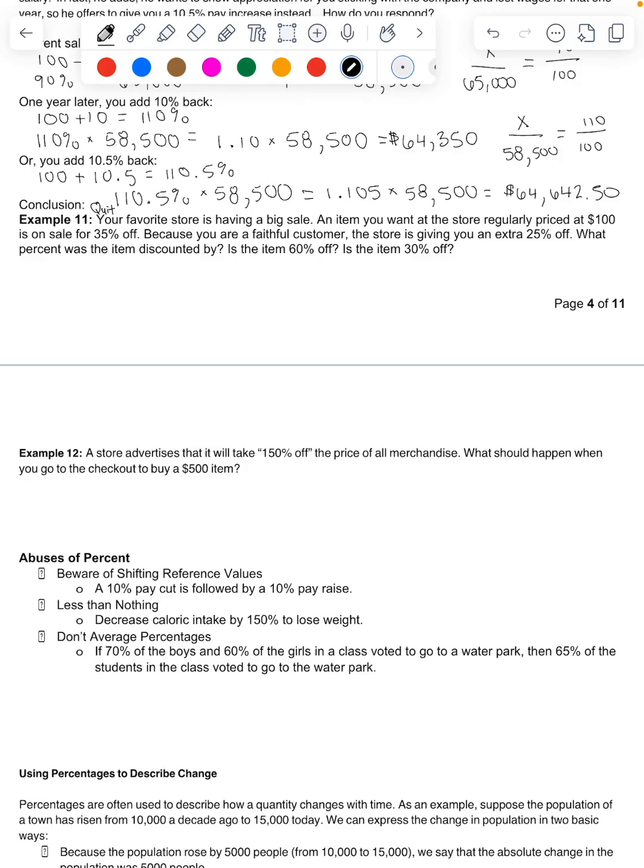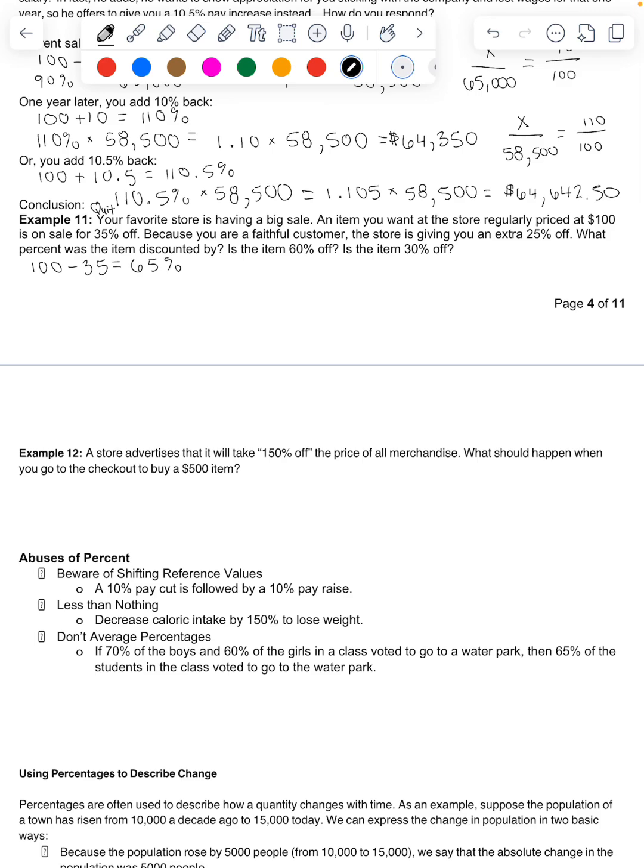Example 11, your favorite store is having a big sale. An item you want at the store regularly priced at $100 is on sale for 35% off. So if it is 35% off, then you are going to pay 100 minus 35, which would be 65%.